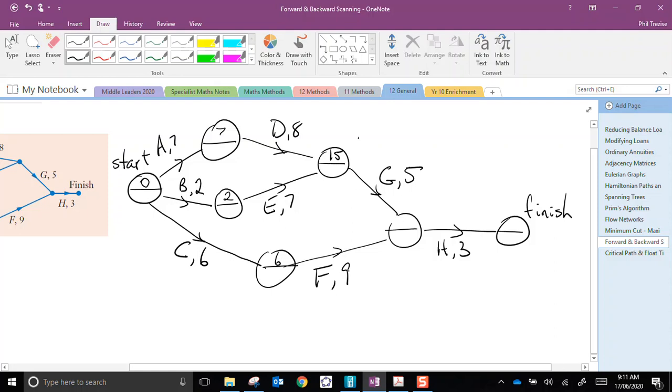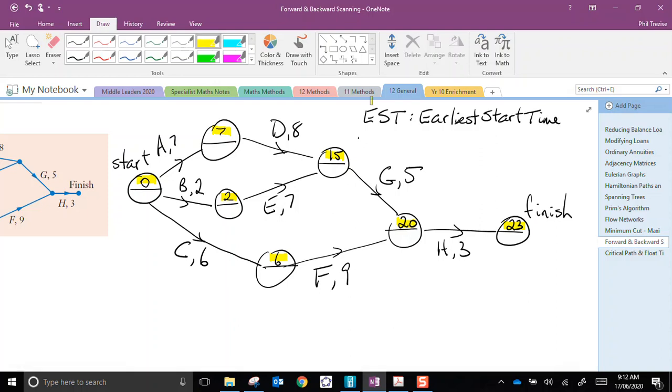Now the same process will happen here. I have 6 plus 9 would be 15, or 15 plus 5 would be 20. We will pick the largest value. Then 20 plus 3 is 23. These times that I've written here in the tops of these are from a forward scan, and these represent the earliest starting times for each of these jobs.